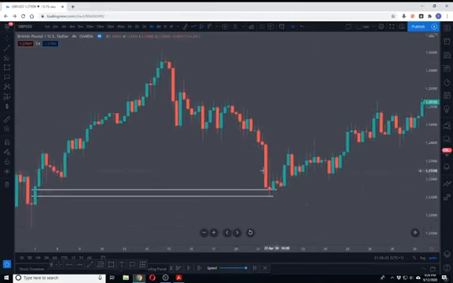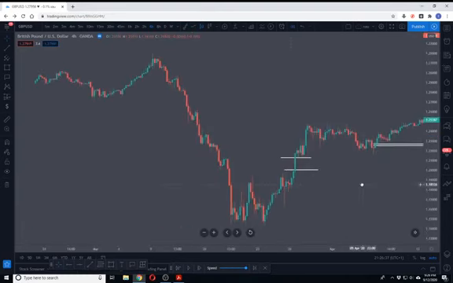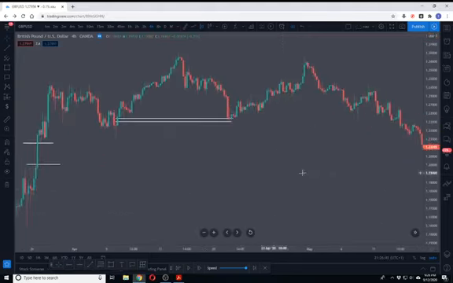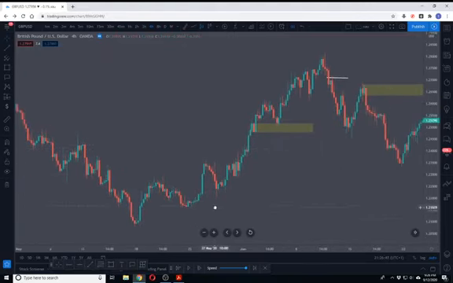Now for order blocks, what ICT calls order blocks are basically similar to supply and demand zones, which are the last buying before selling, or the last selling before buying.